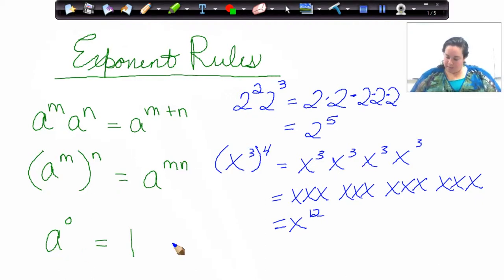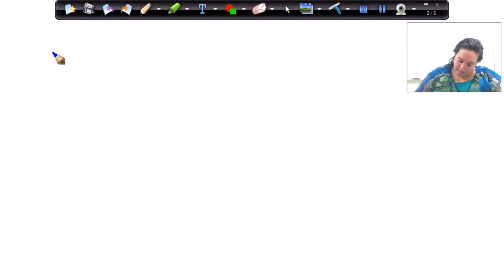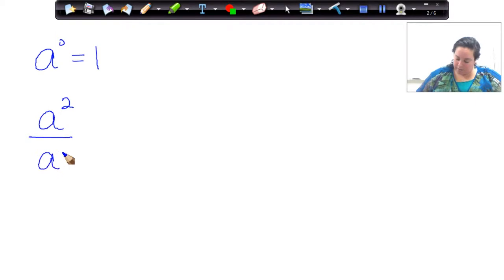Let me go ahead and get a fresh page here. This is what we're working on right now: a to the 0 equals 1. So why does this work out? If you think about a number, let's say we have a squared over a squared.